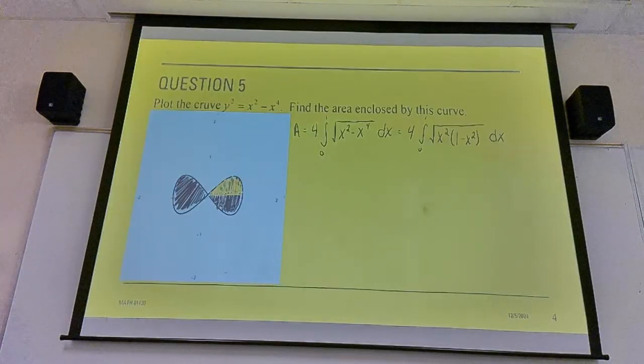You can factor out an x squared, can't you? What's the square root of x squared? Technically, no. What is it? Absolute value of x. But what is our interval? Which means x is always positive on that interval, so you can drop the absolute value.